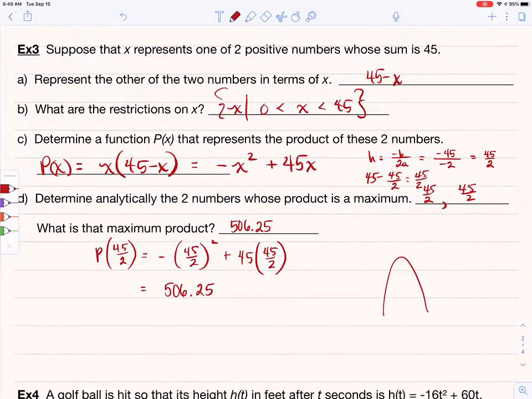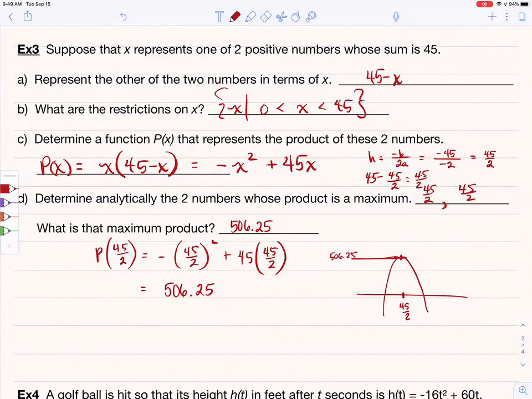And from part C, I know that my maximum occurs at the x value of 45. And from the second part of part D, I know that my height, my y value, is 506.25. So that's visually what we're looking at here.